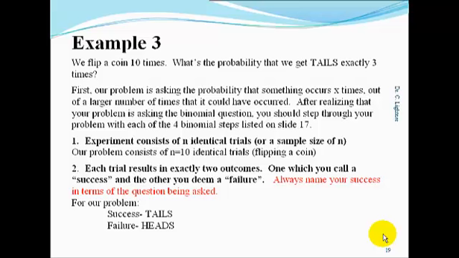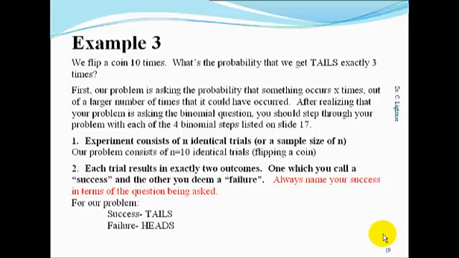Let's first review example 3 and go through each of our four steps to determine if this is a binomial experiment. We flip a coin 10 times and we want to know the probability that we get tails exactly 3 times.